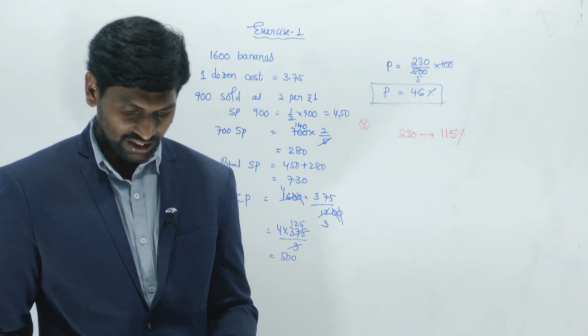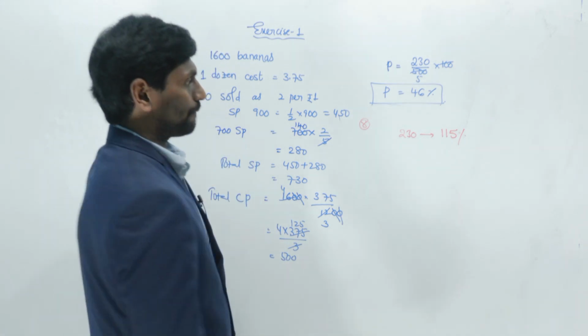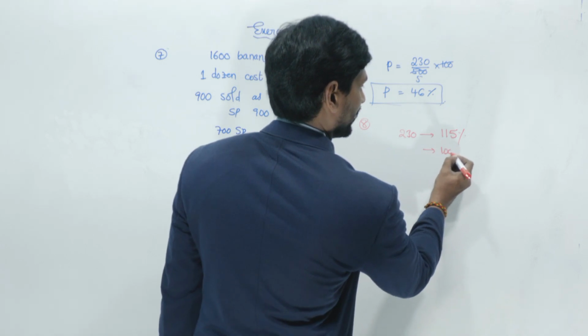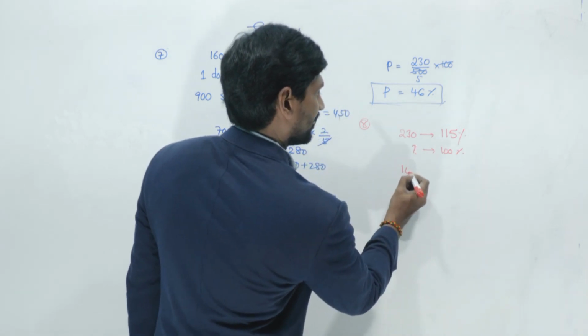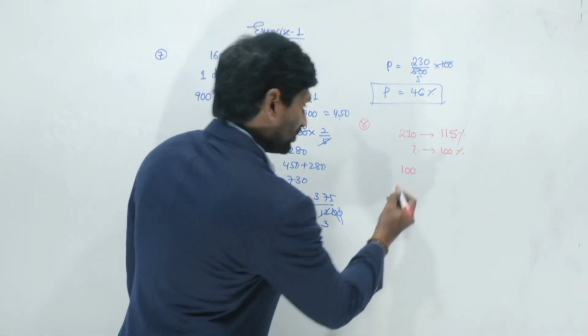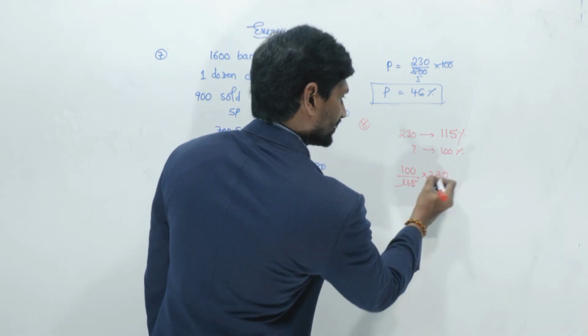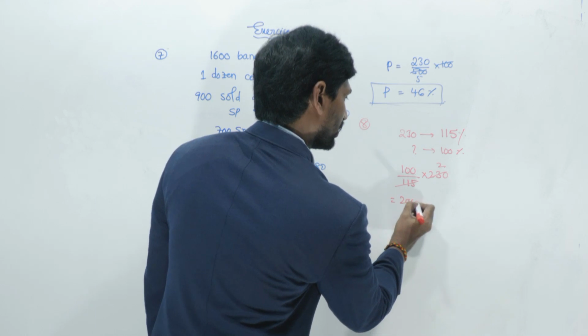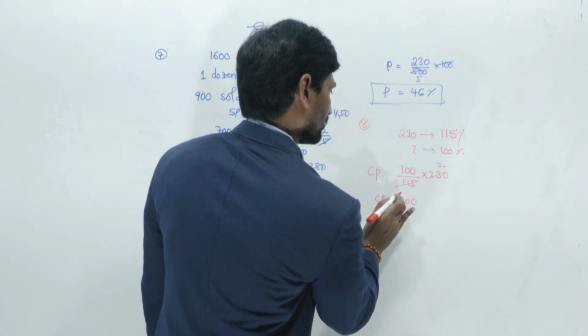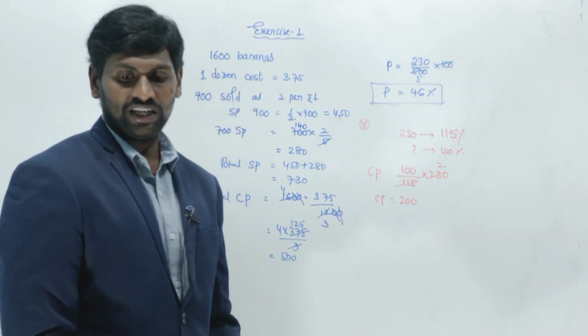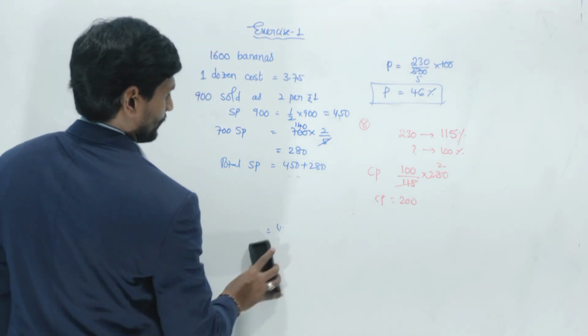Then what is the cost price of the actual one? So 100% value we should find. So 100 value is less than 115. So less by more into 230. So exactly 2 times 2 into 100. 200 will be the cost price. Okay, na? Let us go to the next problem.